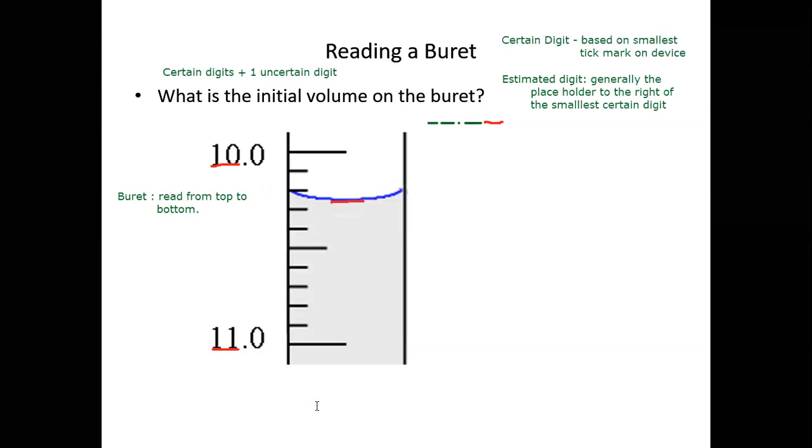So first we want to determine the certain digits. So the certain digits are based on the tick marks. So we know for certain it's 10, 10.1, 10.2. So our certain digits are 10.2. Let me write it down here.